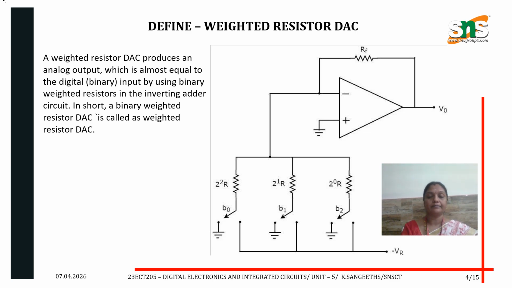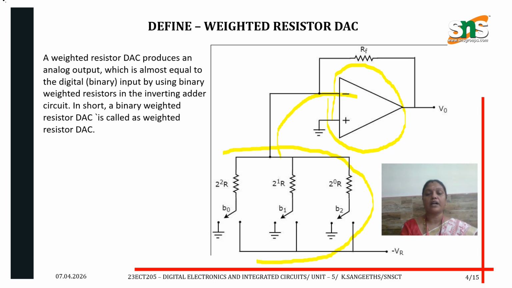Here, this is the operational amplifier, this is the inverting terminal, and this is the non-inverting terminal. At the inverting terminal, the resistor network is connected, and the weighted resistor values are 2 power 0, 2 power 1, and 2 power 2.